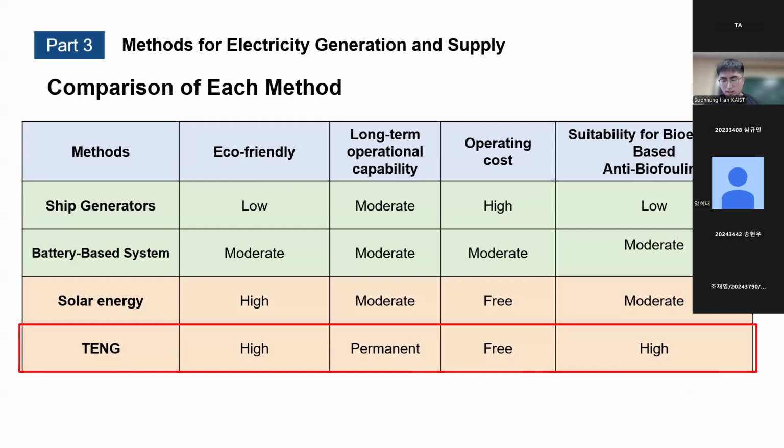First, we presented a table comparing various power generation methods based on multiple factors, such as eco-friendliness or operating cost.